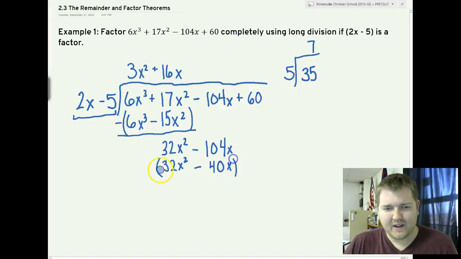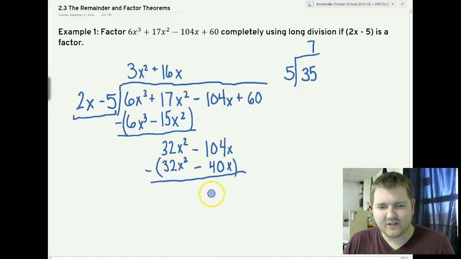So remember, we're again subtracting, so that 32x squared and 32x squared cancel out. Then we have negative 104x minus negative 40x. So again, that'll cause it to be minus 104x plus 40x.